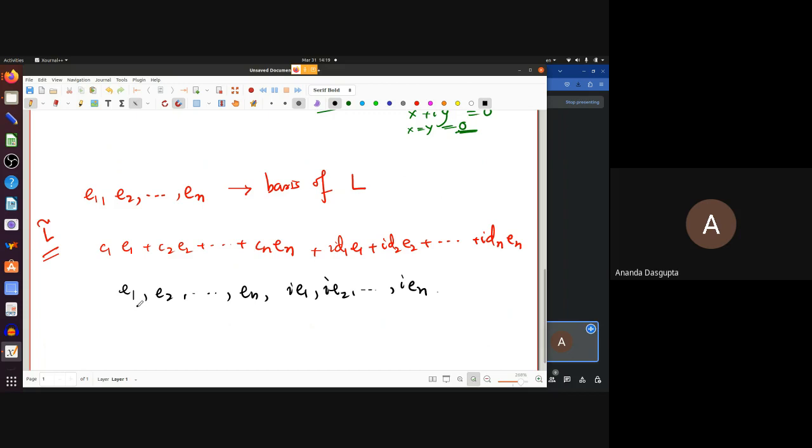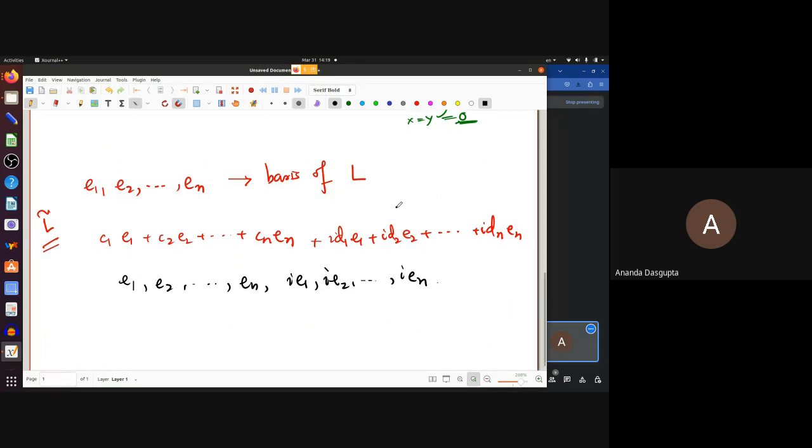Because you are just multiplying each of these by C1, C2, Cn here and D1, D2, Dn here. Clear? So this is a basis of size 2n. So viewed as a real vector space, L tilde will be of dimension 2n, right?